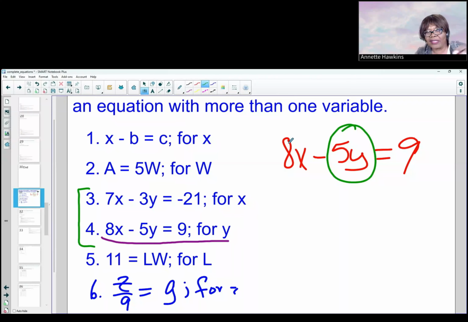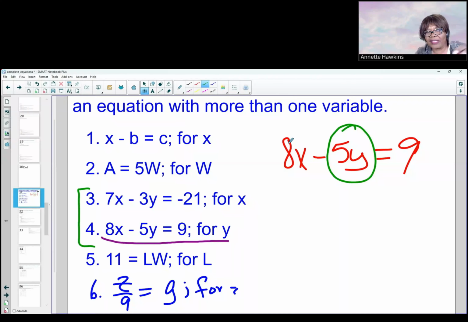For example, if I have box plus circle equals 11, and I told you to solve for box, okay, well, here is box. Box has to be on the side by itself. So circle has to move. So I would need to move this circle. I'm calling it a circle.